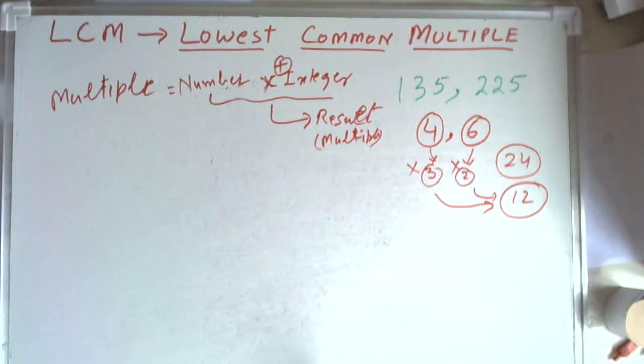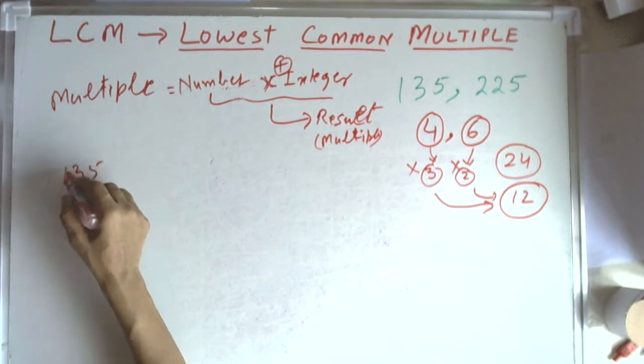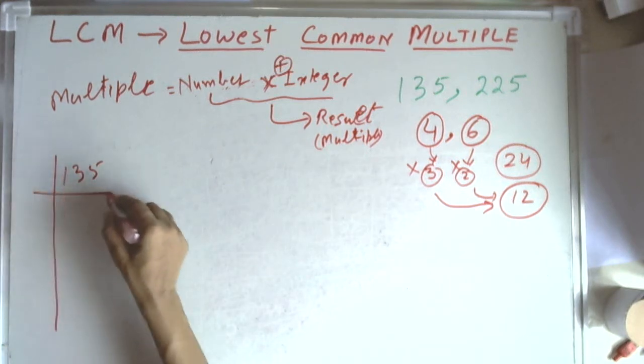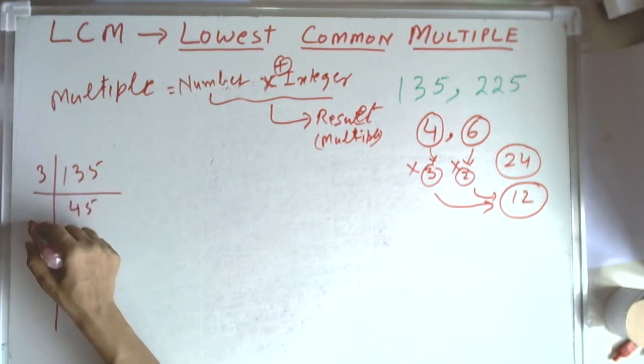So now the basic idea is, how do we find the lowest common multiple? Again, as we were doing for HCF, the method for finding LCM is also by prime factorization. And again, what we do is we take 135 and we do prime factorization. So we started with 3, we got 45.